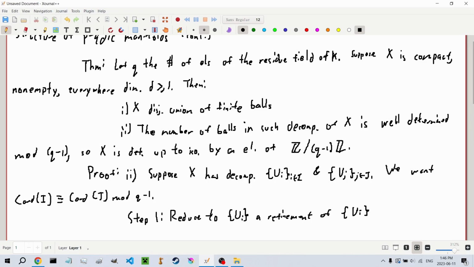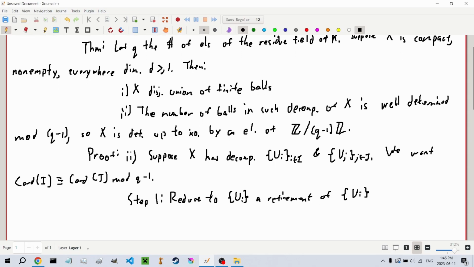Step 2. We reduce to X being one such V_j, and our indexing set for our V's just being J. So essentially we have one of them being just one ball.